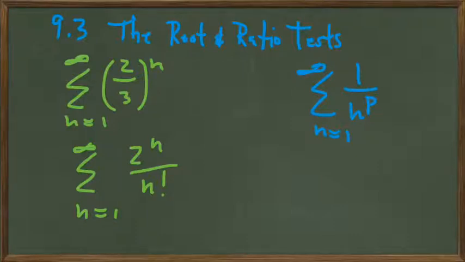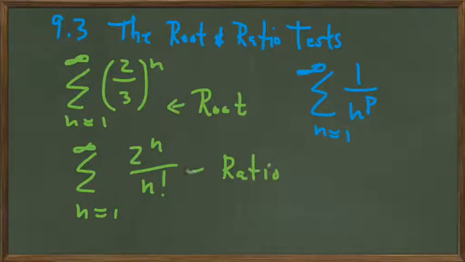So we're going to define two new tests called the root test and the ratio test. We're going to use the root test to examine the convergence of this series, and we're going to use the ratio test to determine the convergence of this series. So let's define them formally on the next blackboard.